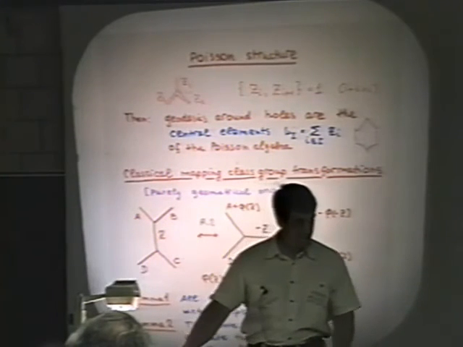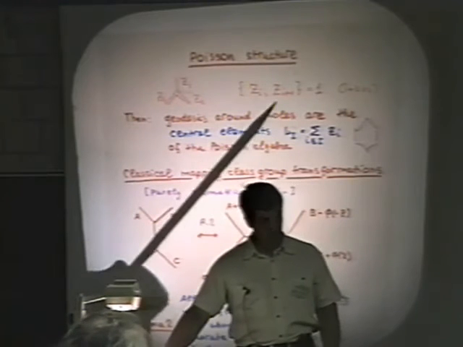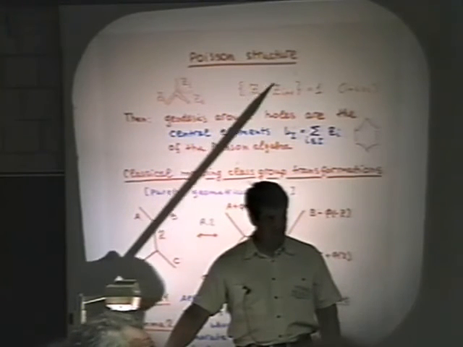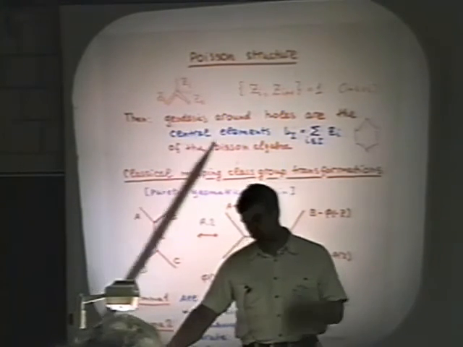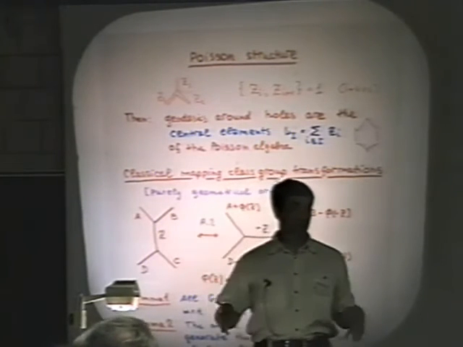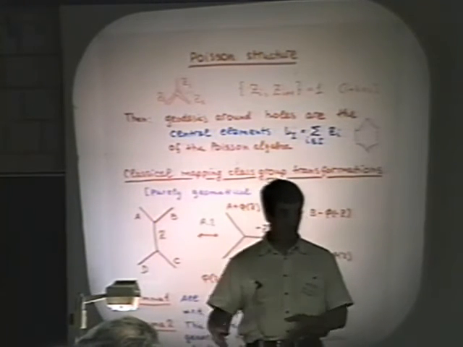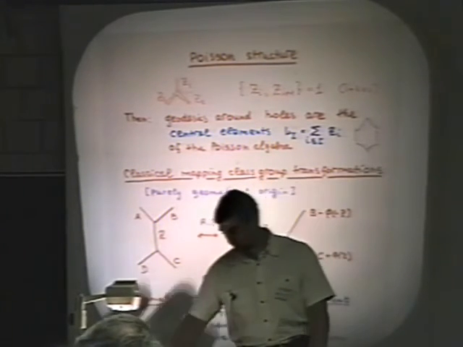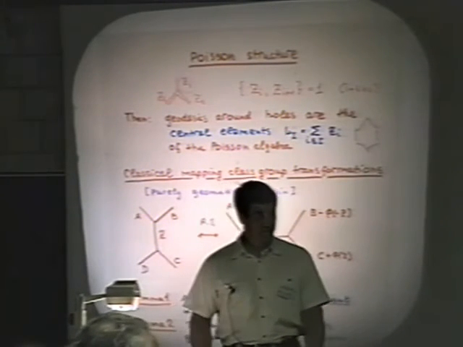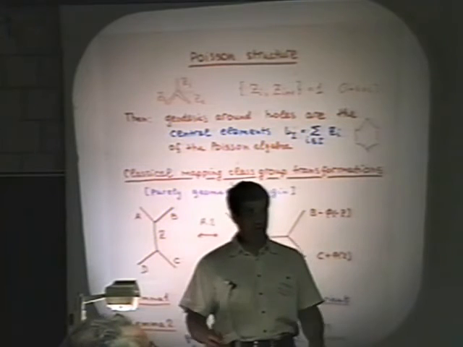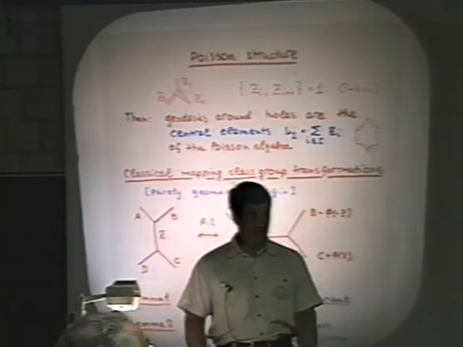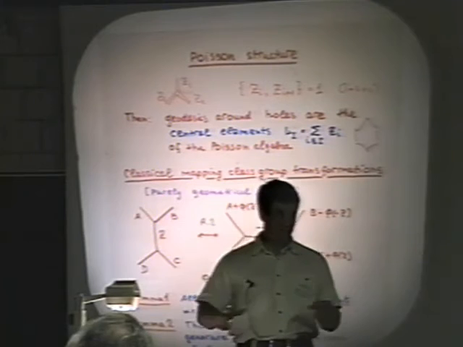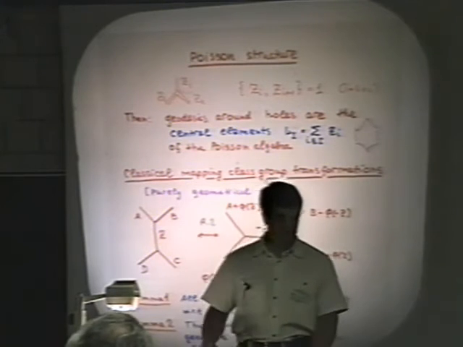The Poisson structure of functions of the zetas, of course, is obtained from this Poisson bracket by obvious properties. I just don't write it, but it's obvious how to obtain the Poisson bracket between functions depending on zetas.